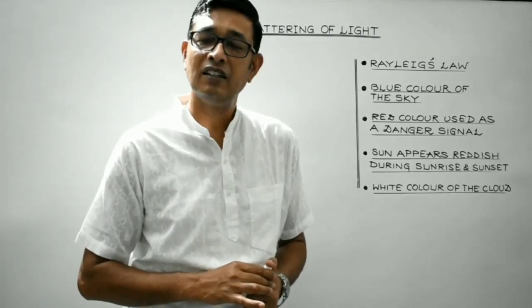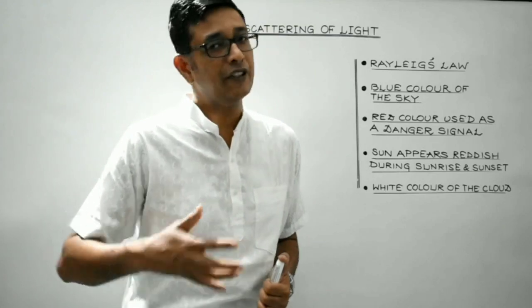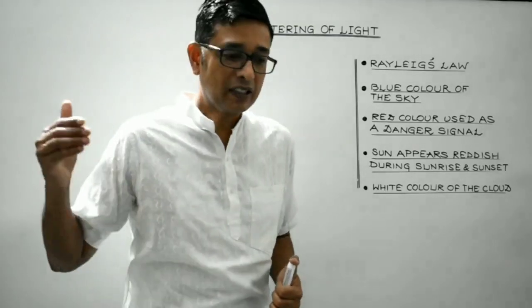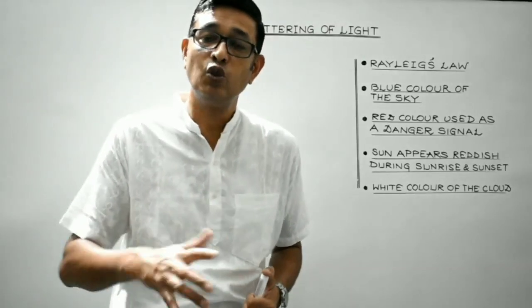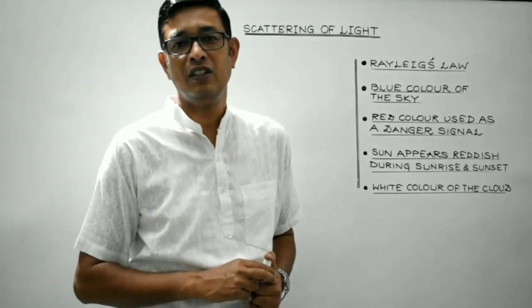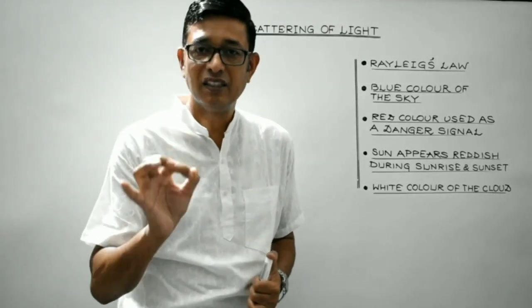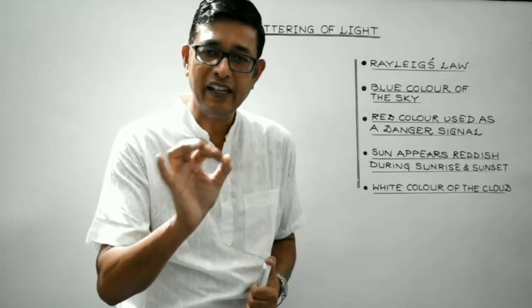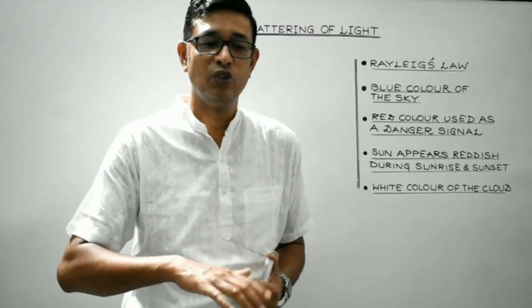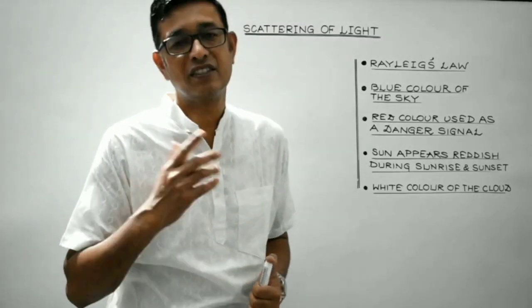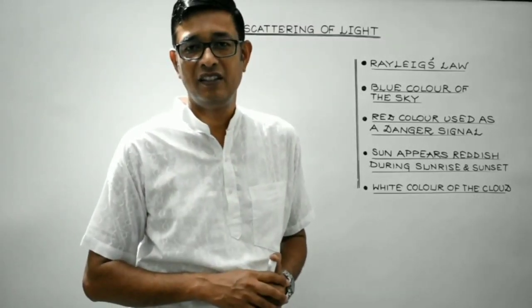He found that different colors, different wavelengths, while passing through the Earth's atmosphere, get scattered by different amounts. So he experimentally studied the scattering of light in detail and formulated a law which is known after his name as Rayleigh's law of scattering.